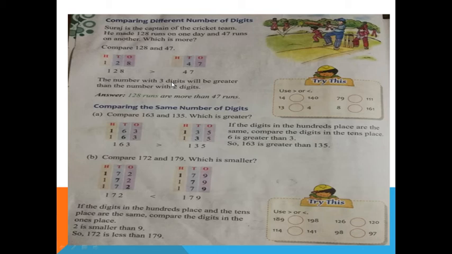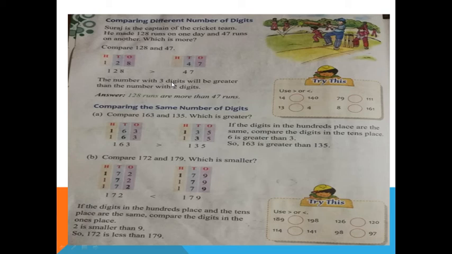Very good. 163 is the bigger number, more than 135, because both are 3-digit numbers. But compared to 163, 135 is less.